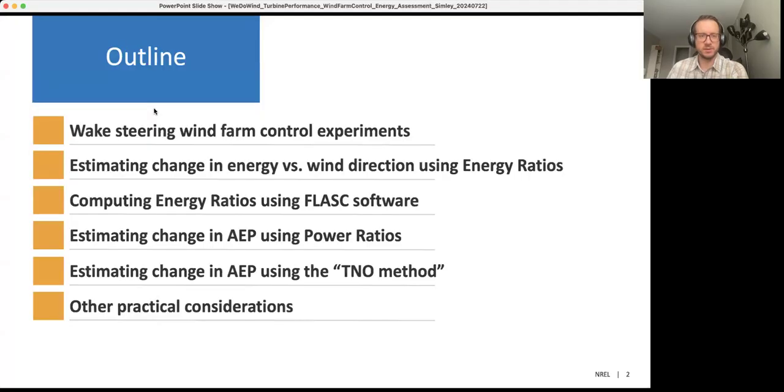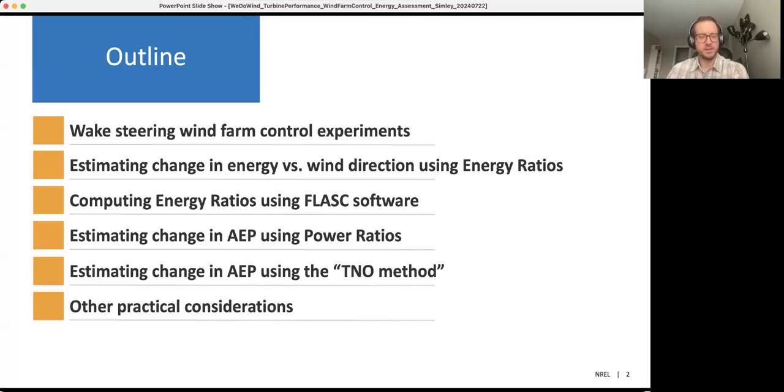I'm going to start by talking about some wake steering wind farm control experiments that we've been involved in at NREL, and then talk about estimating the change in energy as a function of wind direction using what we call energy ratios, and how we can compute energy ratios using open source software that we developed at NREL called Flask.